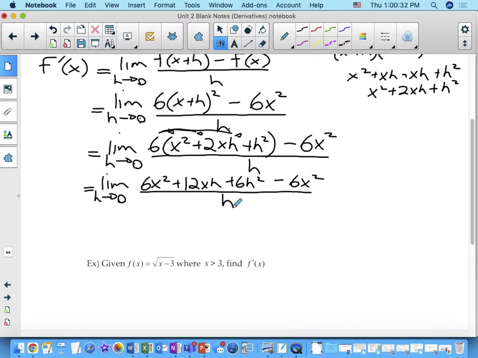Okay, and then 6x squared minus 6x squared is 0x squared. So these terms kind of cancel out, which leaves us in the numerator with terms that have a factor of h in them, which is very convenient, because now we can factor that h out, right? So we're going to have a factor of h, and then we'll have 12x plus 6h over h.